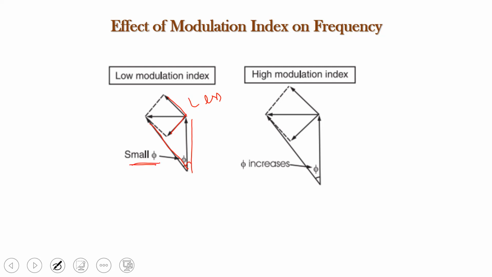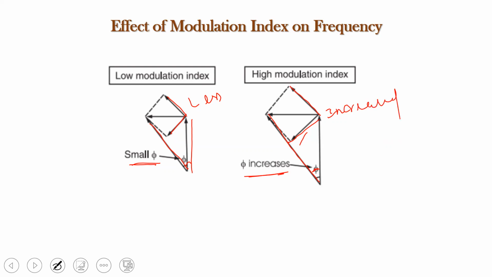At the same time, whenever the amplitude of the sideband is increased, compare these two diagrams, the amplitude is slightly increased. Whenever the amplitude is increased, along with the unmodulated carrier, if we draw the resultant and indicate the phase angle, it is slightly increased. So here the phase is increased.